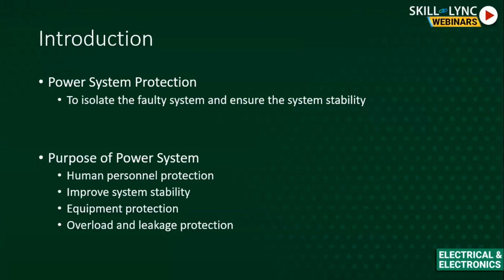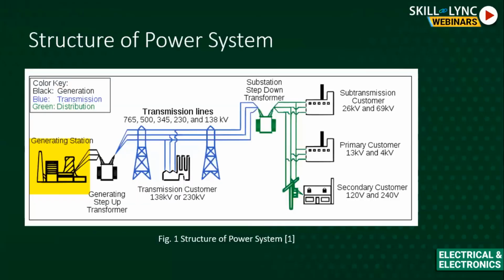So to go further, if we see the structure of power system, as I said, there are three main subsystems. The first is the generating station where the power is being generated. It can be AC or DC. It can be generated from renewable or the conventional way of power generation. Once the power generation is done, it is transmitted over long distances. So we step up the voltage for reducing the losses, and we design our transmission line for that.